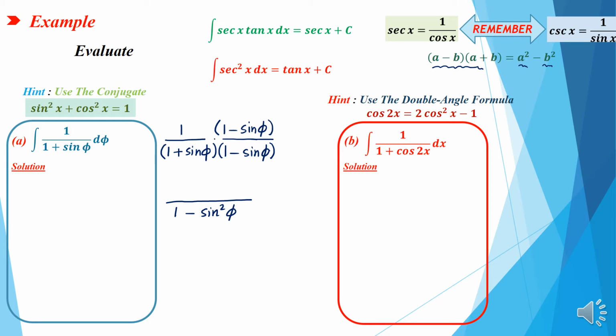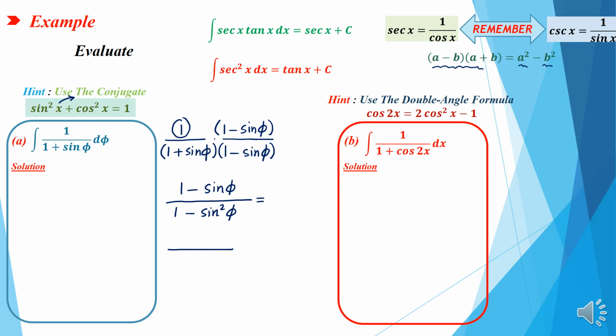What about numerator? Numerator is a function multiplied by 1, which means you will have the same function, which is 1 minus sine of phi. Now from this identity you have to move sine squared to the right hand side, and you will get 1 minus sine squared equals cosine squared.